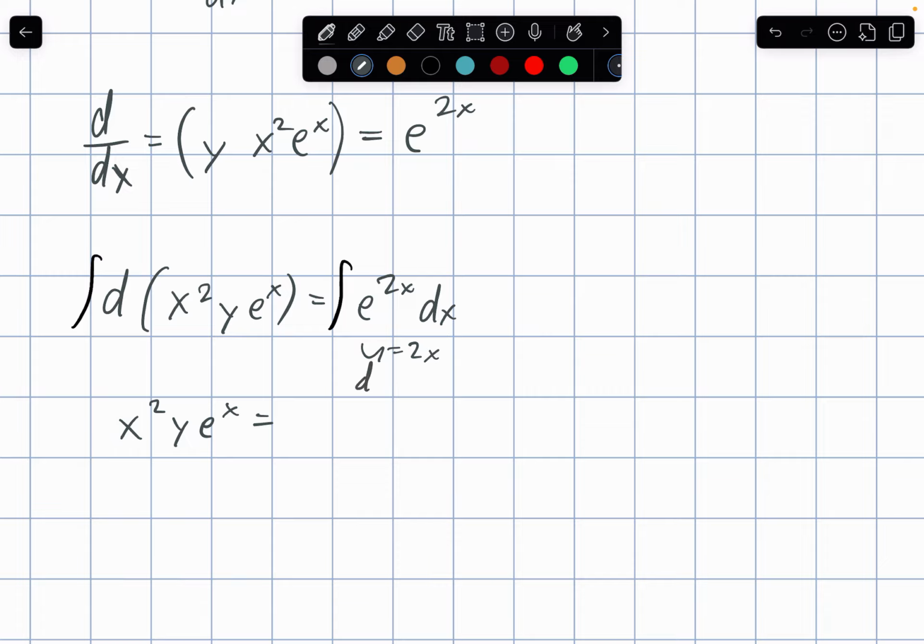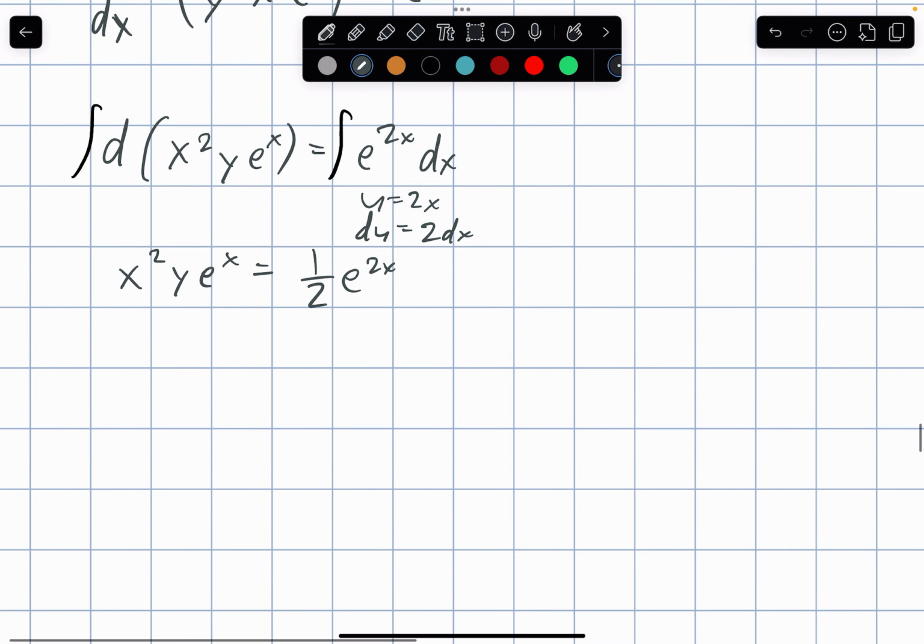u is equal to 2x. du is equal to 2 dx. So 1/2 e raised to 2x. Then you simplify, solve for y. Divide both sides by x squared e raised to x.